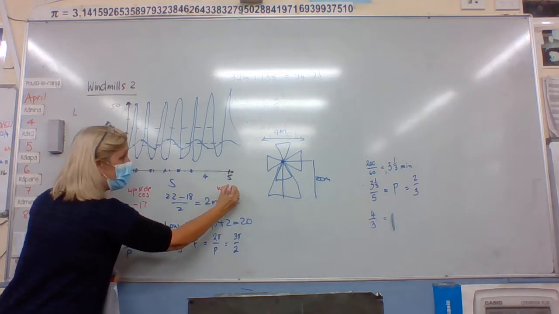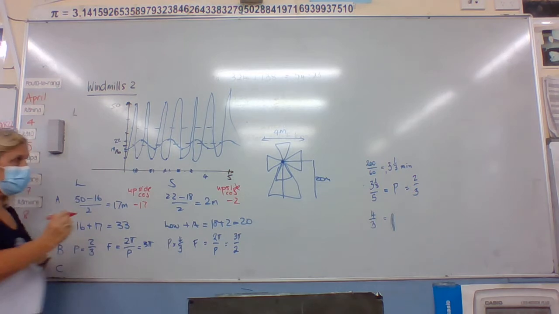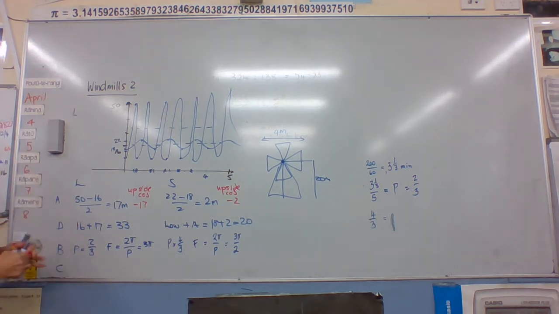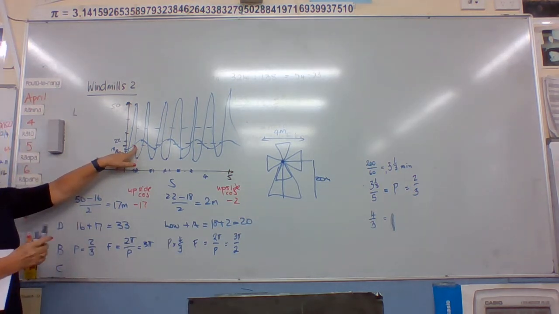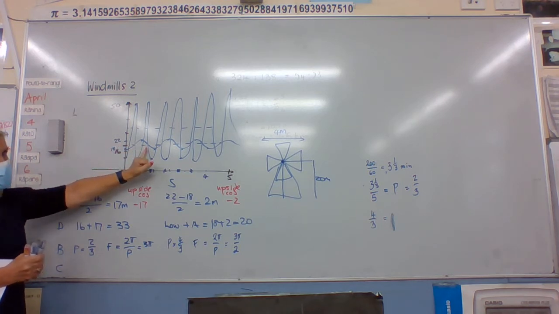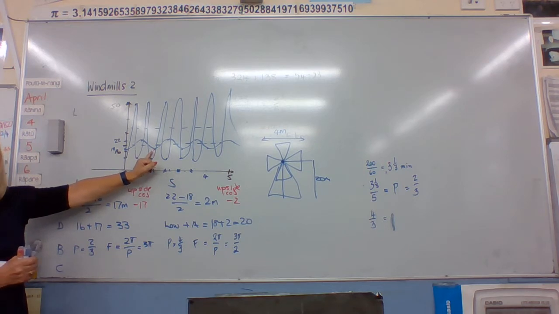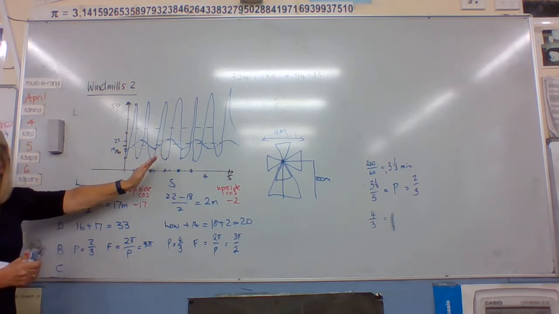Now, you can pick a sine graph. The sine graph starts here, all right? So to get it back to here, we have to add on. So this has been moved this way. So with x, when we move a graph this way, it's a negative, right?